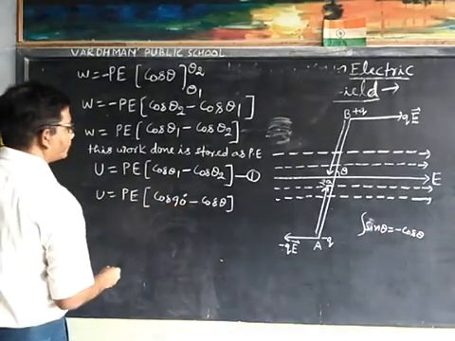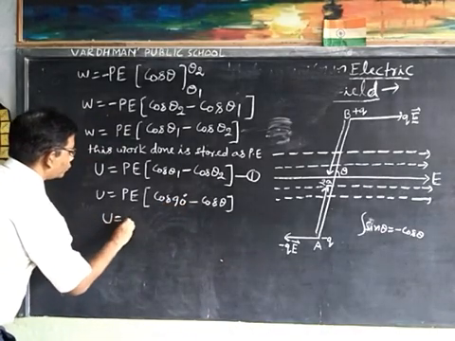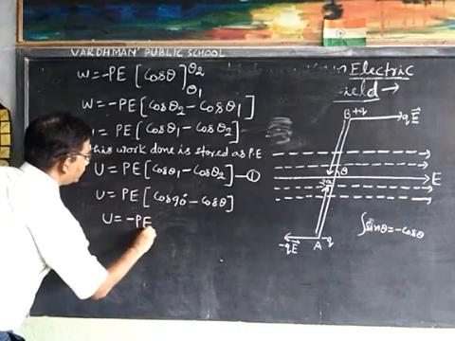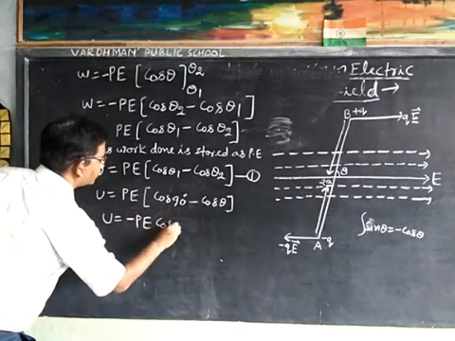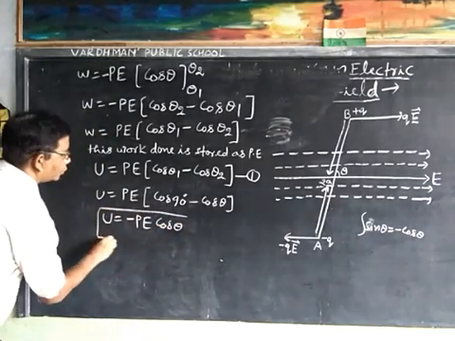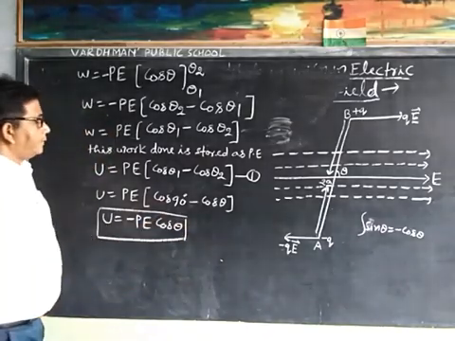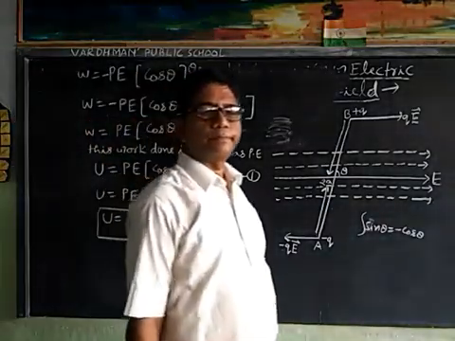Therefore, U is equal to minus PE cos theta.